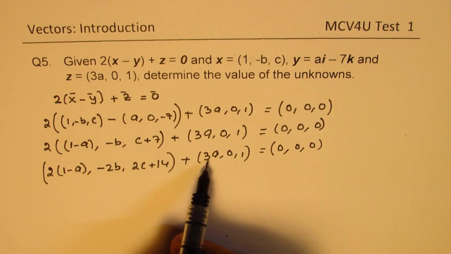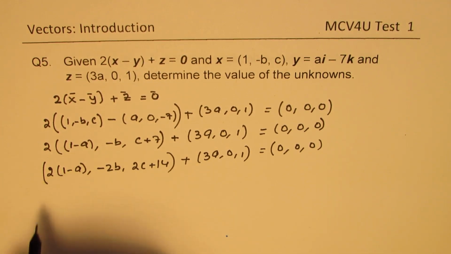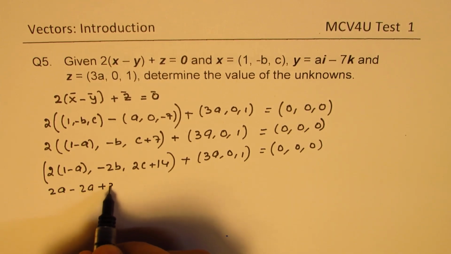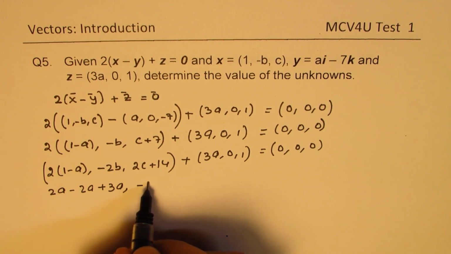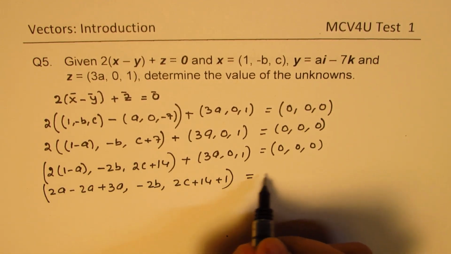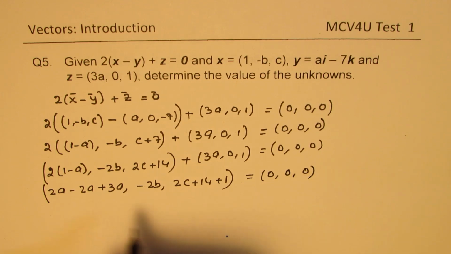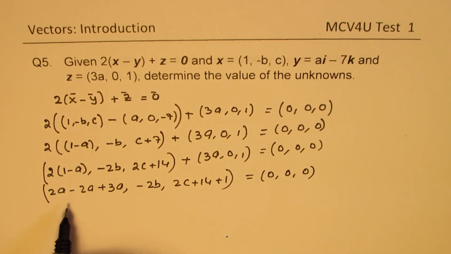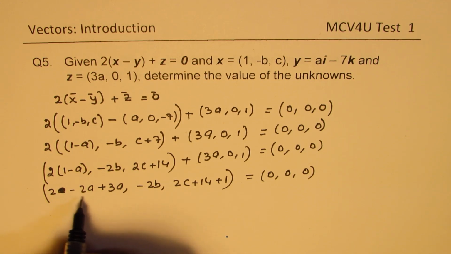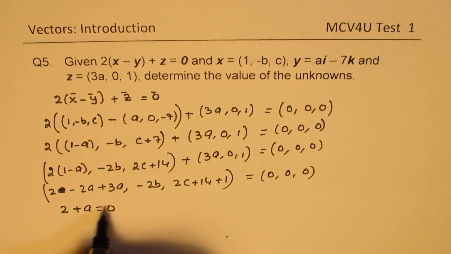Now we can combine these terms. These are the two vectors. So it is 2 minus 2a plus 3a. Then we have minus 2b, and we have 2c plus 14 plus 1 is equal to 0, 0, 0. Now this is 2, right? So 2 minus 2a plus 3a. So we can now equate, so we get one equation which is 2 minus 2a plus 3a is a, 2 plus a equals 0.